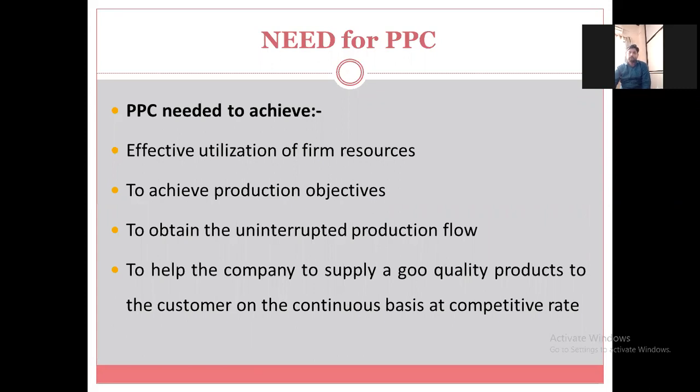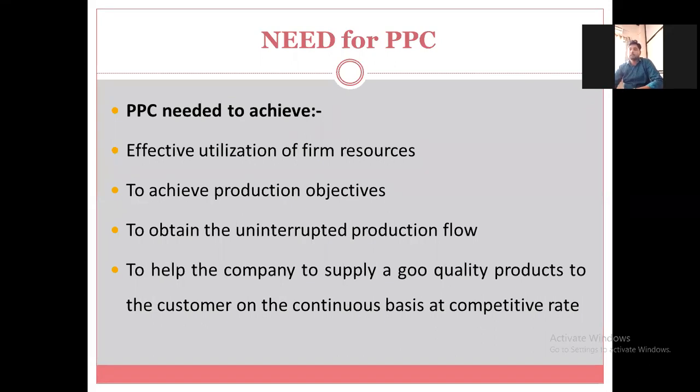How will it happen? Because you arrange the working style of a PPC in such a manner that your resources management is effective, and there is no lack of resources at any time in the system or in the company.